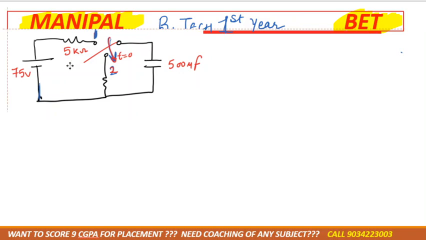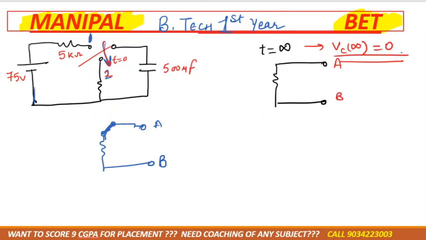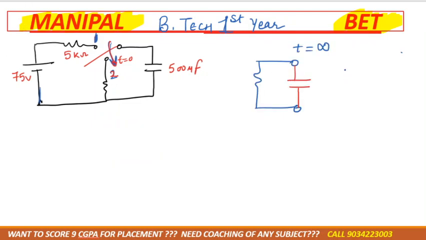At t equal to infinity, the switch is in the same position as before, and in this case we need to calculate R equivalent. There is only a single resistance. Let us consider 10 kilo, so that would be 10 kilo ohm.